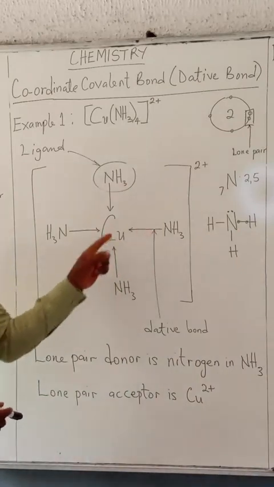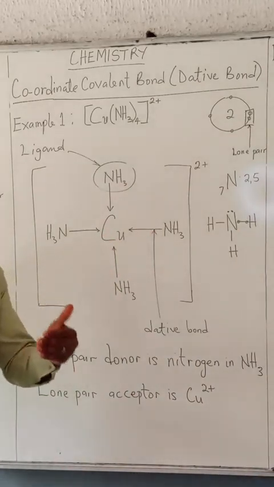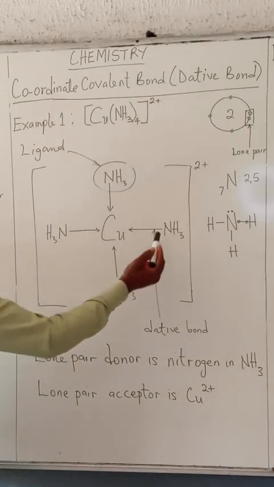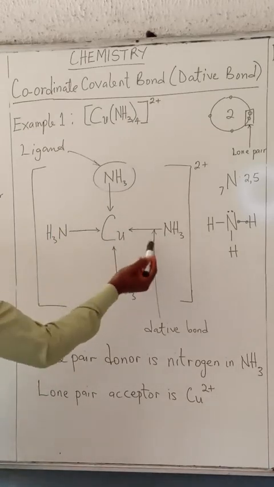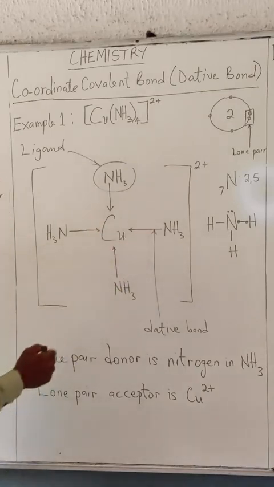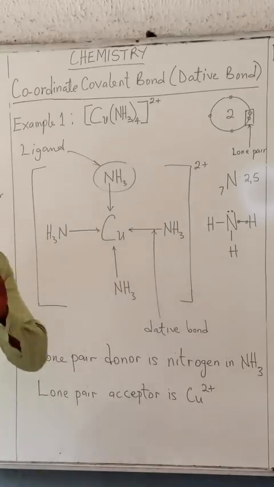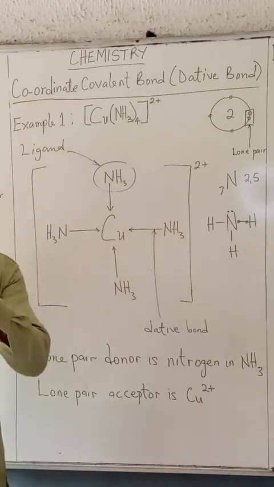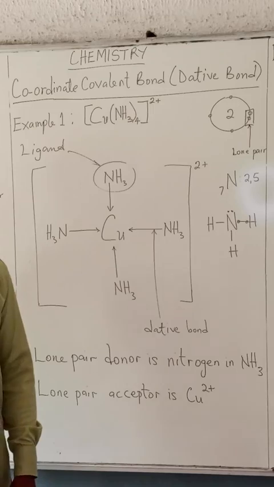But in coordinate covalent bond, that is dative bond, like the one formed between this nitrogen of this ammonia and this copper 2 ion, which we indicate using this arrow, it is only one atom that supplies the electron pair to be shared. Only one atom supplies the electron pair to be shared.